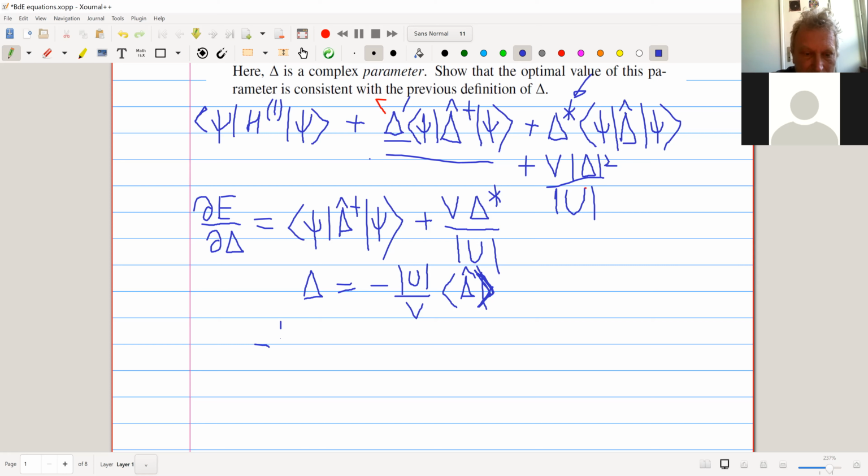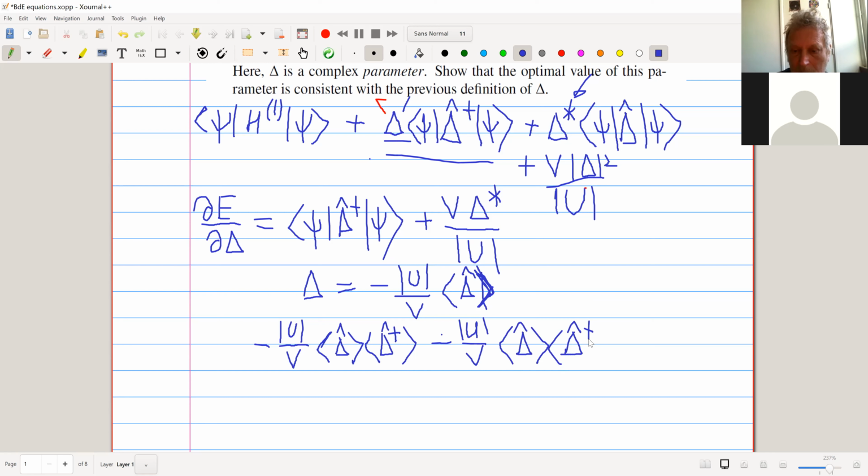Right, minus u divided by v, and minus u. So these two terms just contribute equally and with minus sign.